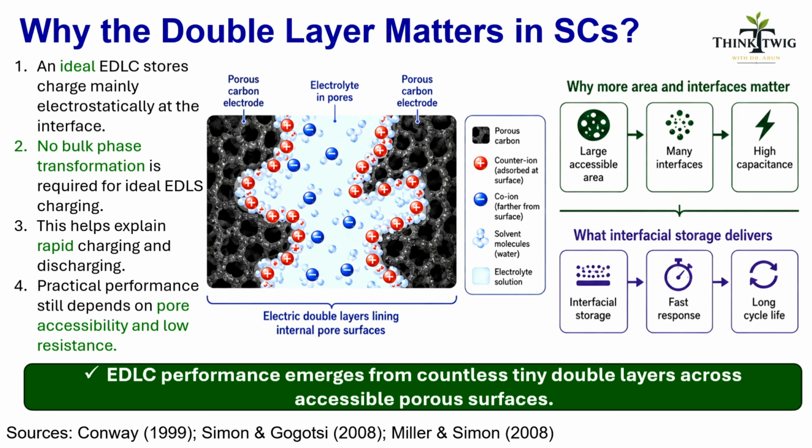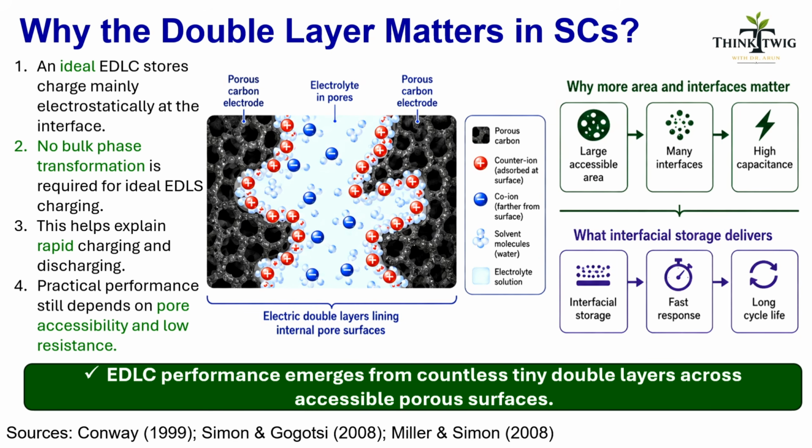But rapid charging does not depend only on the charge storage mechanism. The ions must be able to move through the electrolyte and enter the pore. Electrons must also move sufficiently through the electrode. If pore access is poor or the resistance is high, the practical performance decreases.